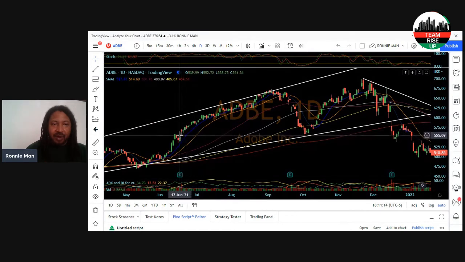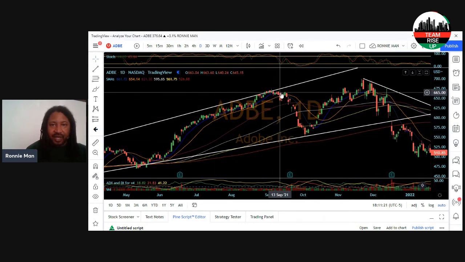Whew, big gap right here. Right? Big gap, big gap right here. And it had been winding up in this little zone for weeks.